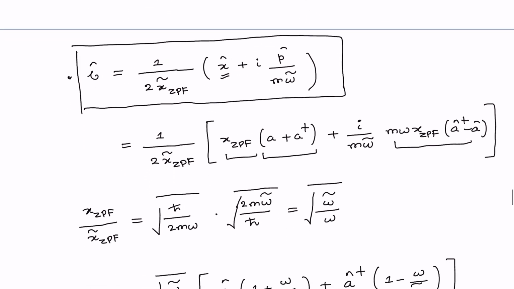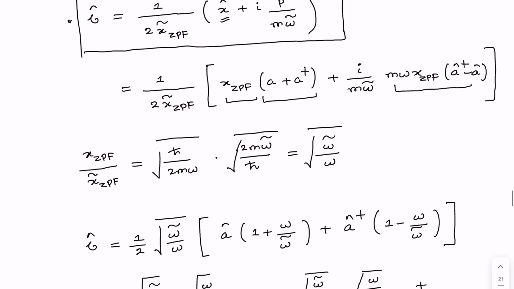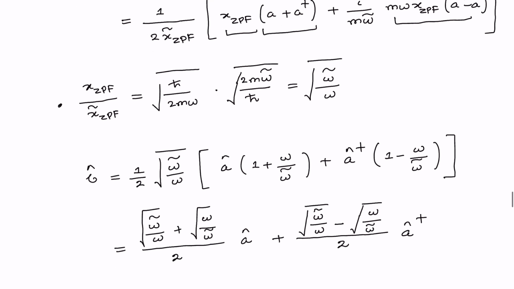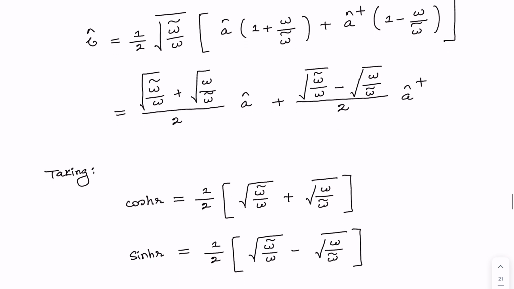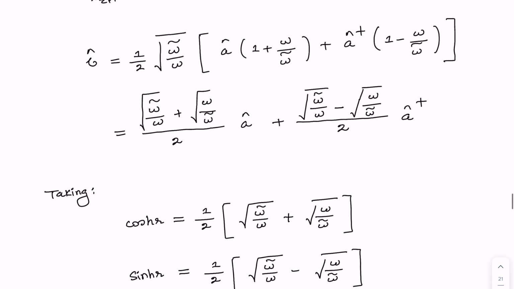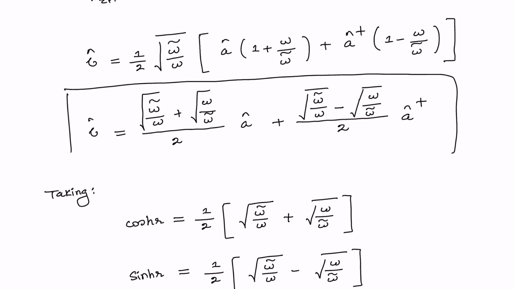And then doing the maths, very simple algebra, you see x zero point fluctuation divided by x tilde zero point fluctuation is square root of omega tilde by omega, and putting all these quantities there, you can eventually find that this new annihilation operator b is related to the annihilation and the creation operator for the old harmonic oscillator. This is what you get.